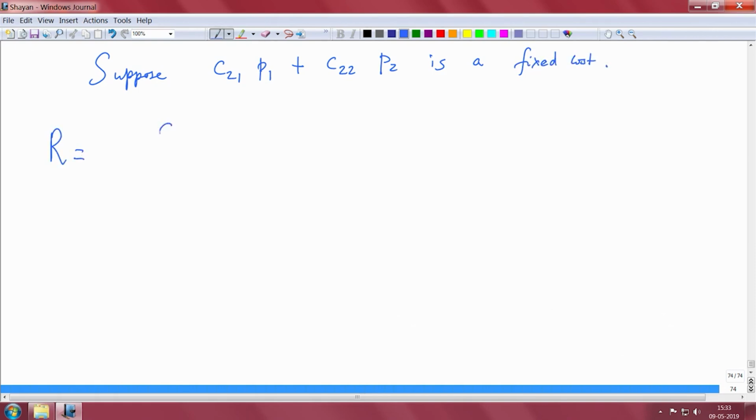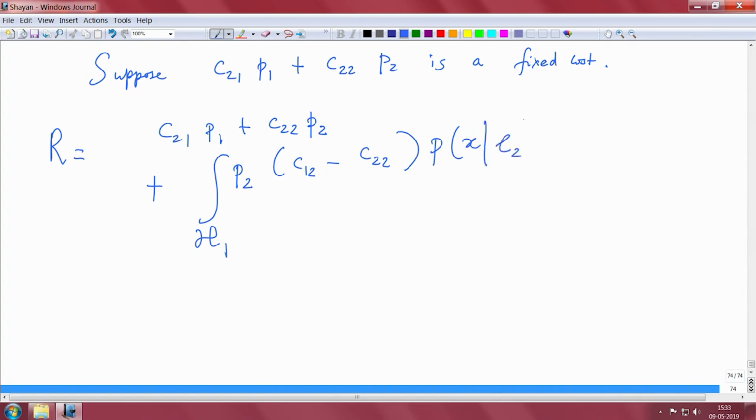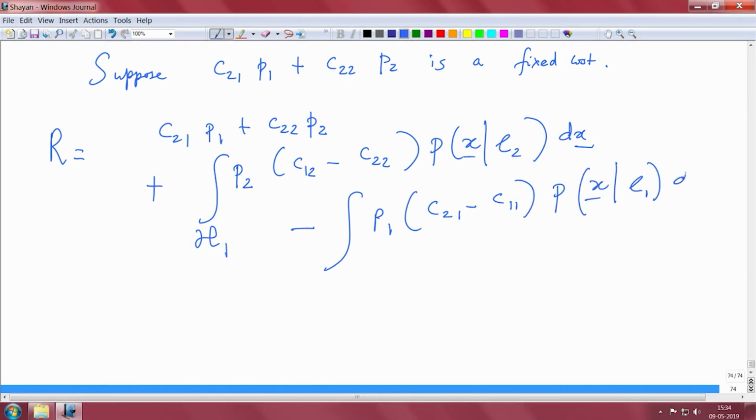We simplify R as C21 P1 plus C22 P2, plus we will simplify these integrals in this form: P2 times C12 minus C22 times P of x given C2, integrated over this region H1, minus the integral P1 times C21 minus C11, the conditional density P of x given C1 dx over the region H1.